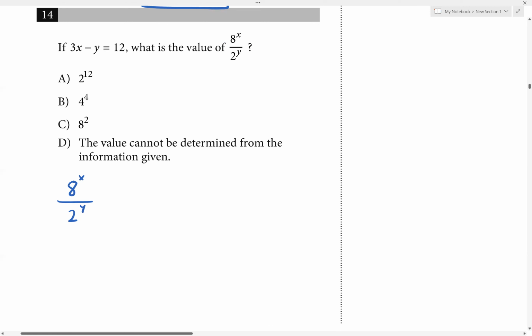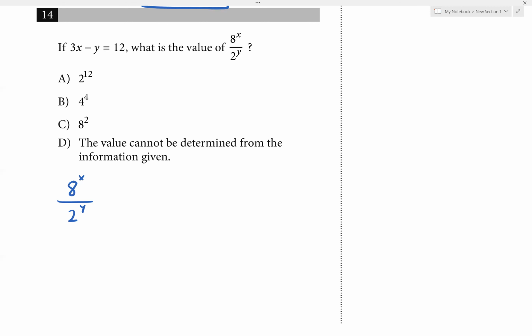This one requires some exponent rules. Remember, most of those rules require that we have the same base. Right now on top we have an 8, and on the bottom a 2, so they have different bases. If the two numbers are different, we can't really apply any exponent rule.